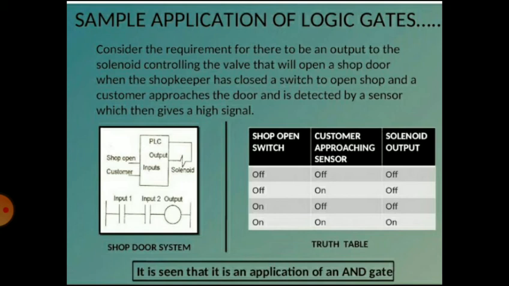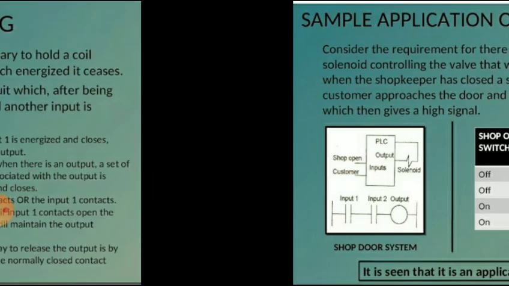The different conditions are given in the chart so that you can see when you will get the output. Only when both conditions are satisfied, that is the shop open switch is on and the customer approaching sensor is on, will you get the output and the door will open.